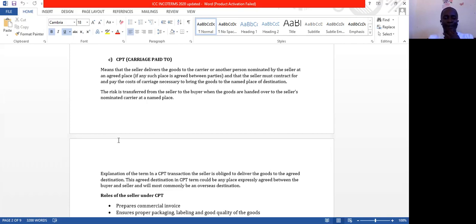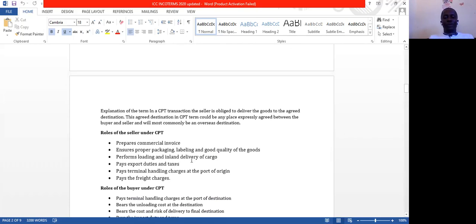So the risk is transferred from the seller to the buyer when the goods are handed over to the seller's nominated carrier at a named place.